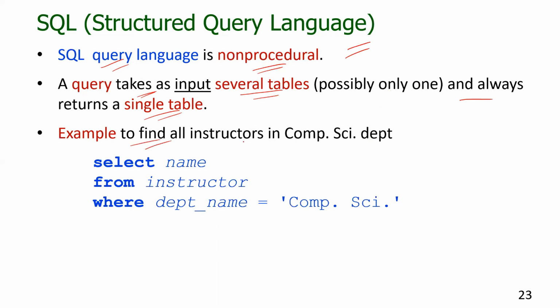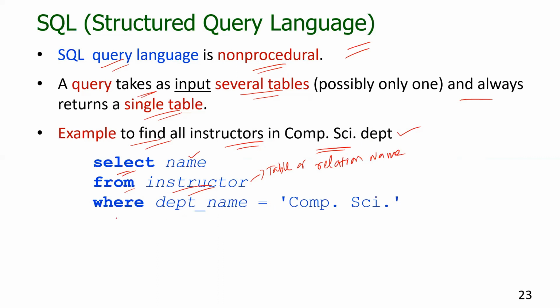For example, to find all instructors in the computer science department, you can write the query using a select statement. Select name of the instructors from instructor, where instructor is the table or relation name.